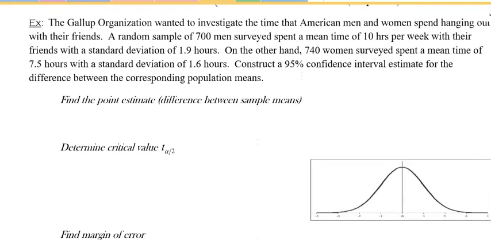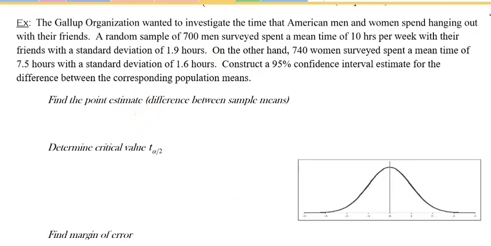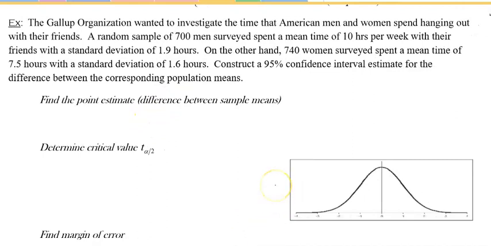And here's an example. This is how you use a confidence interval to test your claim. It says the Gallup organization wanted to investigate the time that American men and women spent hanging out with their friends. A random sample of 700 men had a mean of 10 hours per week and a standard deviation of 1.9.